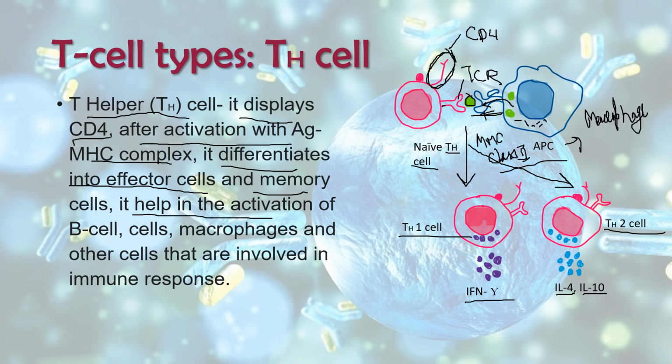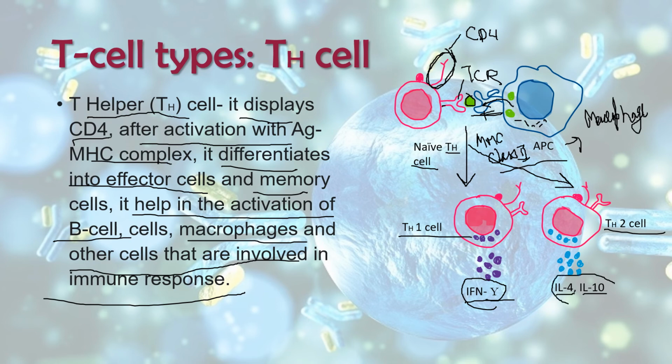It helps in the activation of B cells, macrophages, and other cells that are involved in immune responses. So as they are activated, they are ready to form cytokines, and these cytokines are responsible for the activation of B cells, macrophages, and other cells involved in immune responses.